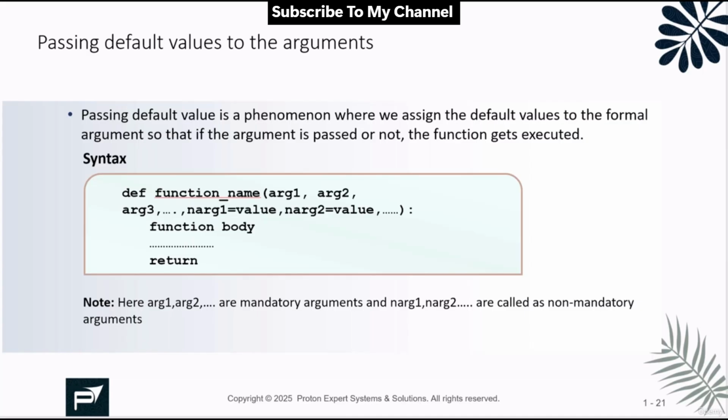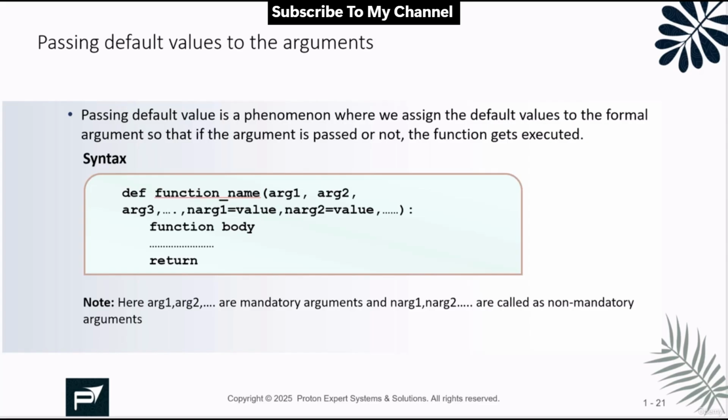Passing a default value is a phenomenon where we assign default values to the formal arguments so that whether the argument is passed or not, the function gets executed. You can see the syntax for passing default values to the arguments. Here, argument 1 and argument 2 are mandatory arguments, and n argument 1 and n argument 2 are called non-mandatory arguments.